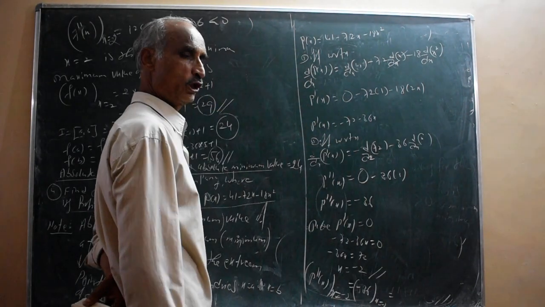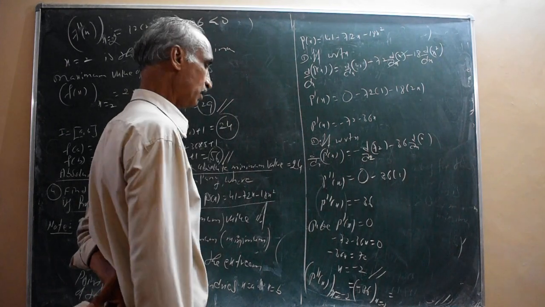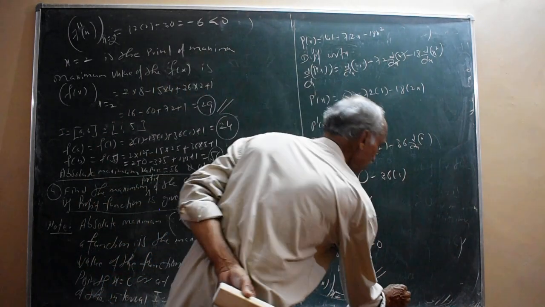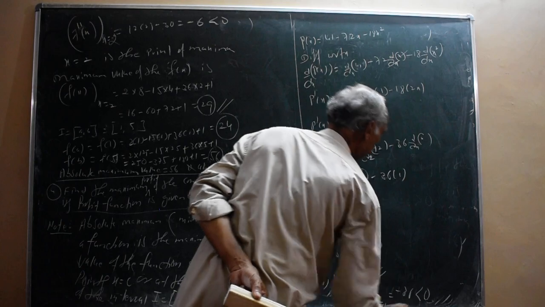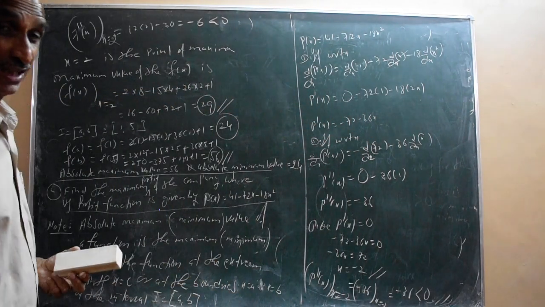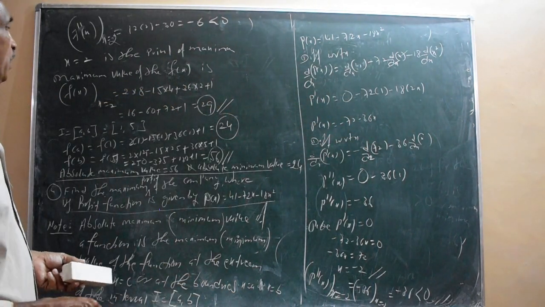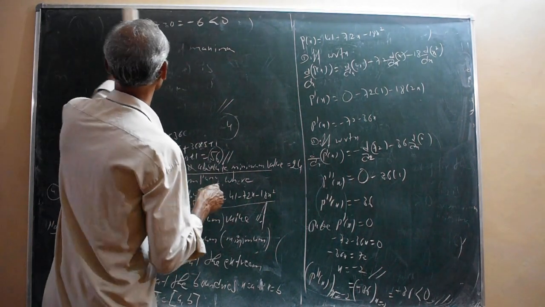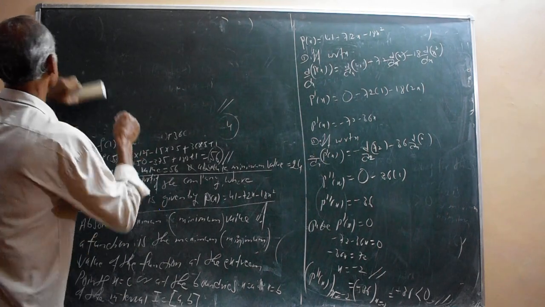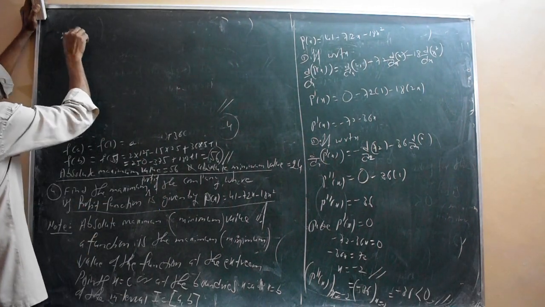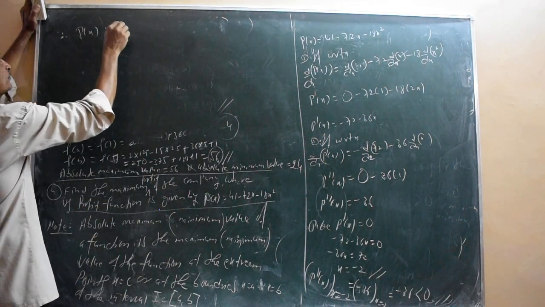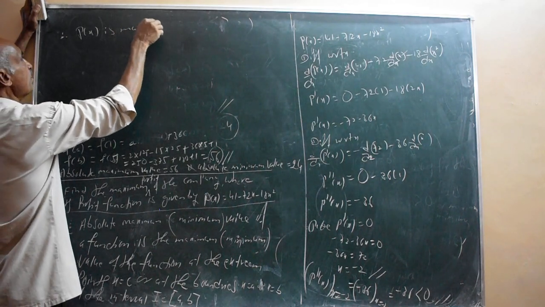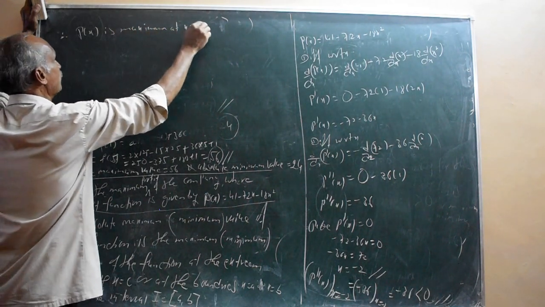Since there is no x value, no question of substituting, therefore minus 36 remains the same, it is negative. Therefore, p of x is maximum, since the second order derivative is negative, at x equal to minus 2.